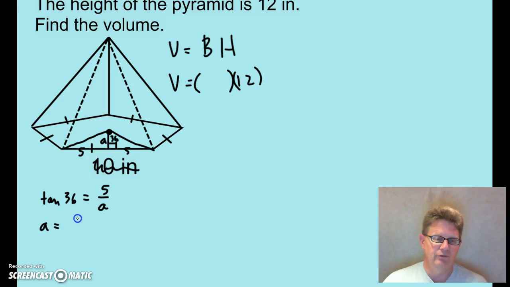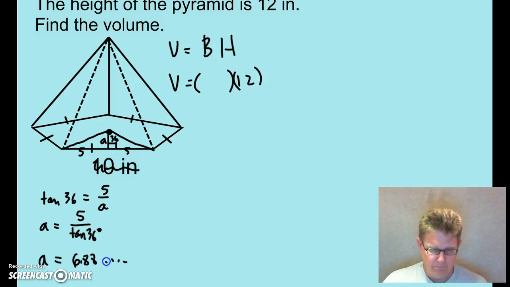Switch the position of the variable and the trig expression. a equals 5 over tangent of 36 degrees, so the apothem ends up being 6.88 and some change.